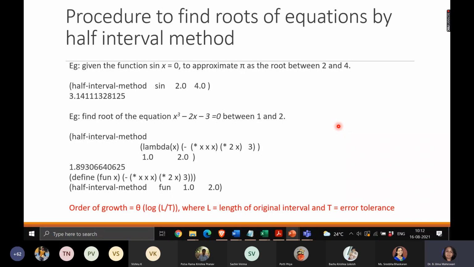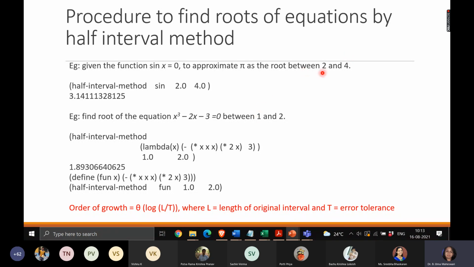Let's look at what is the order of growth for this particular example program. It is nothing but log of L by T. Why log? It is using a bisection method, right? In a binary search, what is the complexity? Log of n, right? So log of what? L by T. What is L? L is nothing but the length of the original interval.